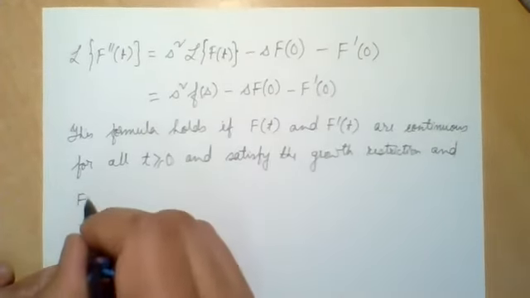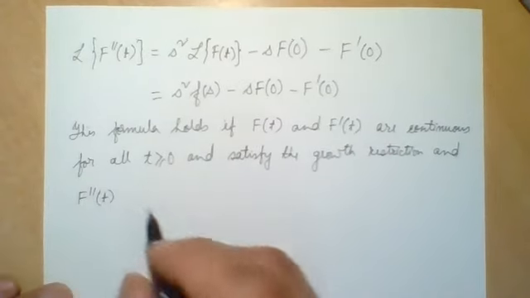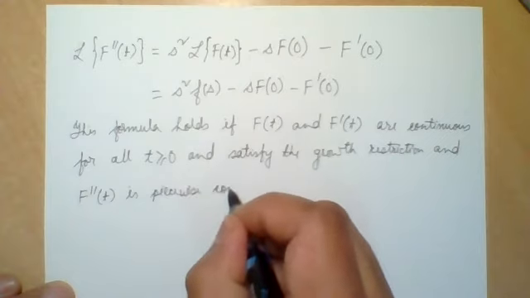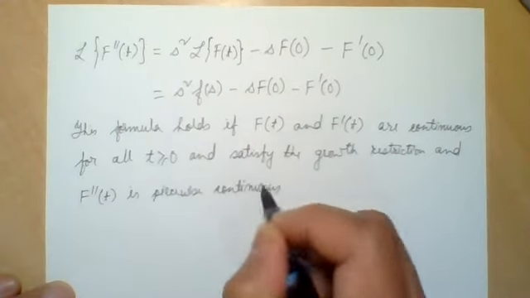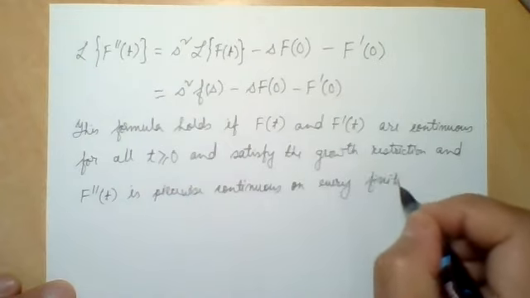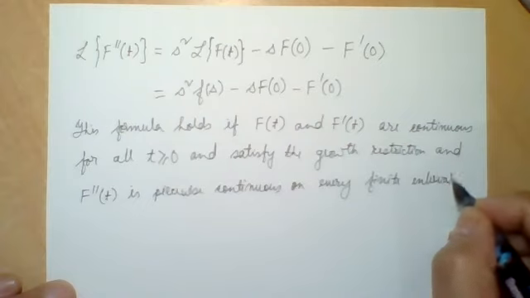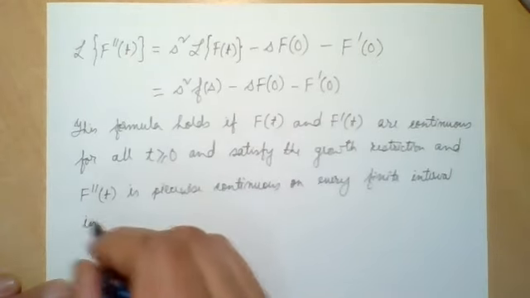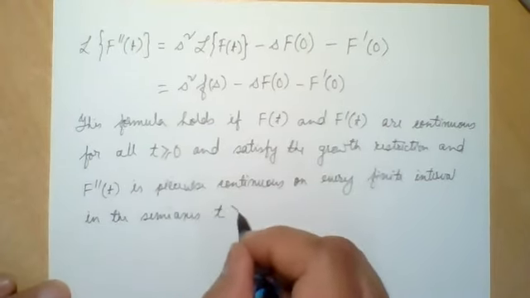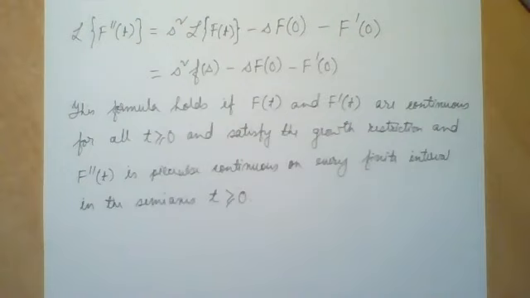And f double prime t, that is the second order derivative, is piecewise continuous on every finite interval in the semi-axis, t greater than or equal to 0. Okay, this is fine.